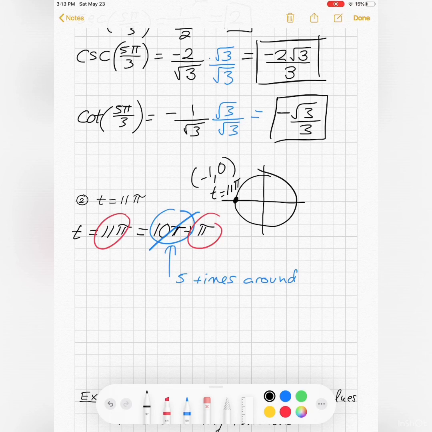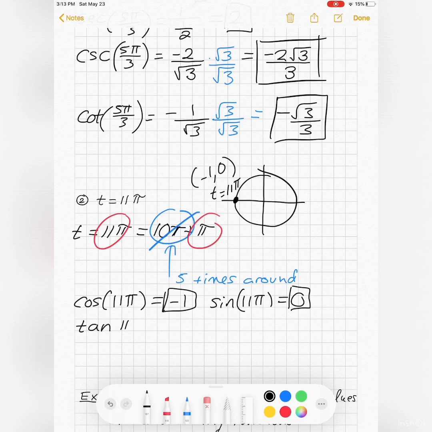Now I can start filling in. This is going to be an easy one. Cosine of 11 pi is the x value. Sine of 11 pi is the y value. Tangent is the y over the x.